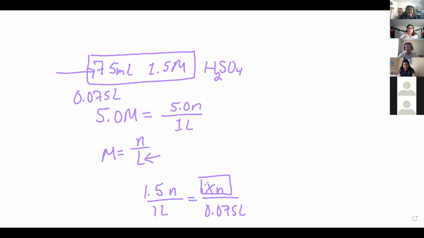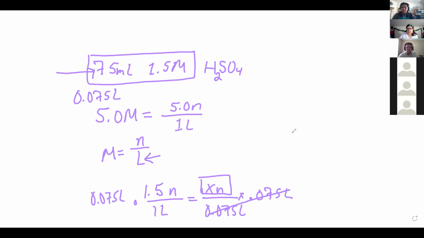We multiply by 0.075 liters, and we do the same thing to the other side. Basic algebra, so then this cancels out.